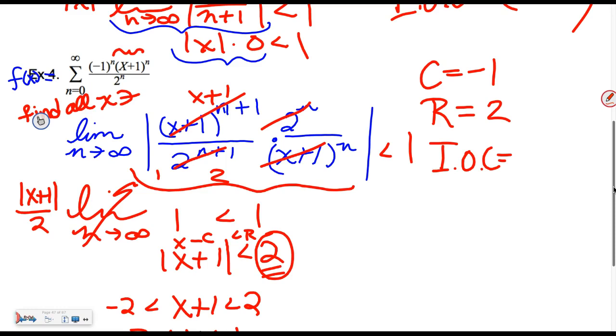Yes, knowing whether on the ends of the interval there is convergence or divergence. There are a couple that are so simple you'll know, but most of them require more deep thought than what went on in here. You actually have to test them.